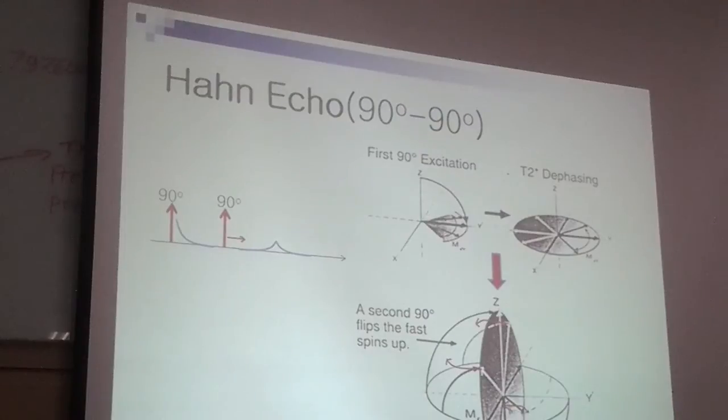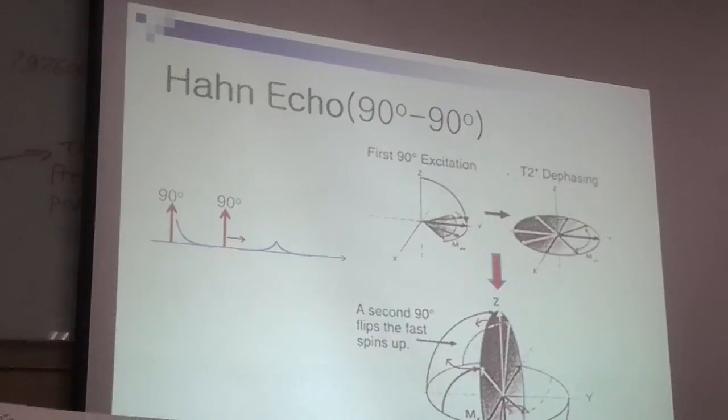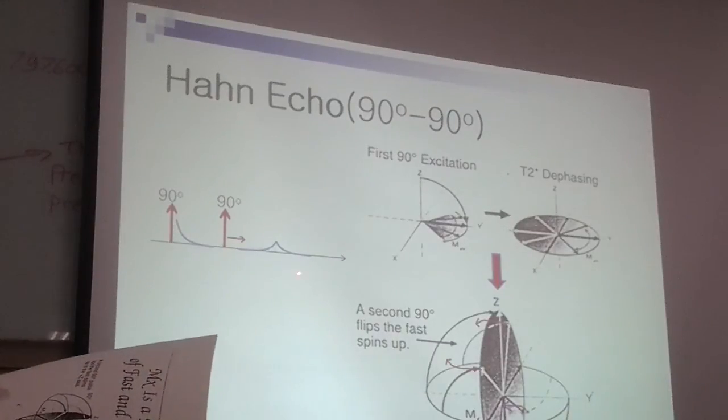All spins precess into the minus y prime axis here, but the spins are focused in the shape of an umbrella like this. The transverse component becomes increasing, so that's why the echo is generated here.